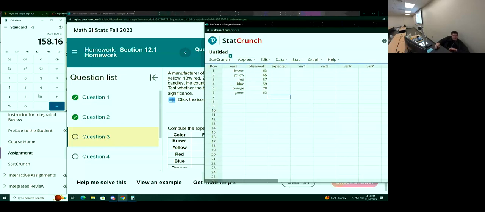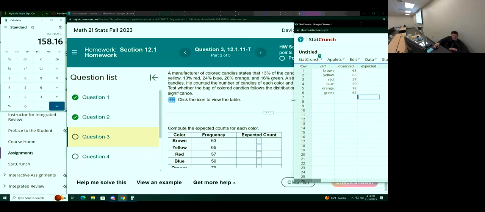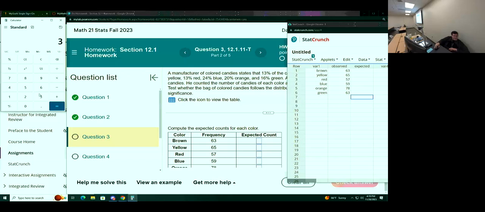So then we'll do the percentages. What's the percentage it says? 385 times 0.13 is 50.05.